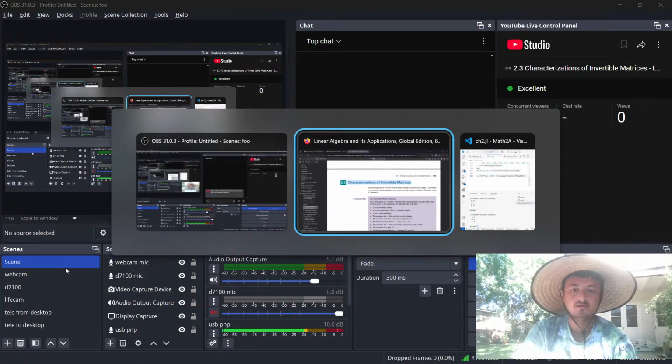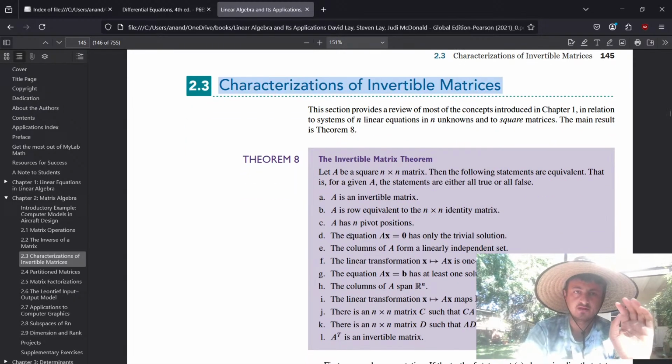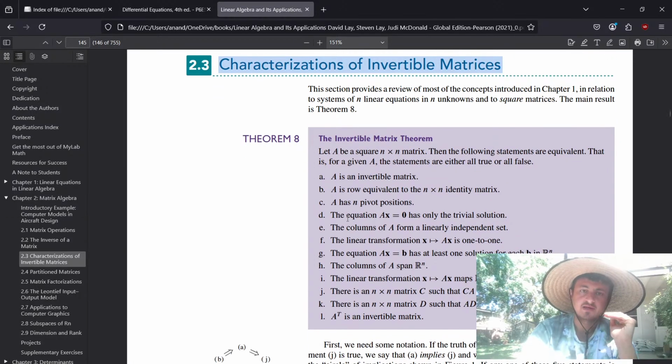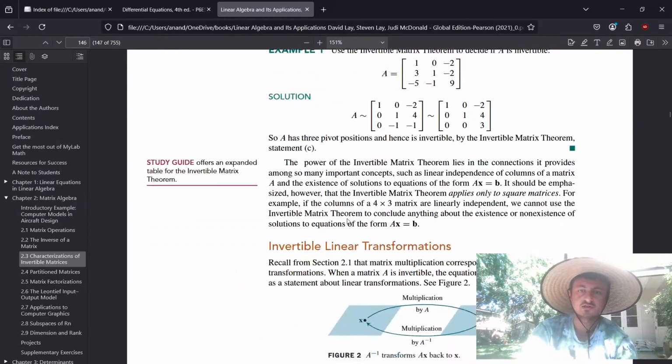Okay, all right. So this section is actually an extremely short section, so we should be able to just breeze through the notes and get right into the exercises.